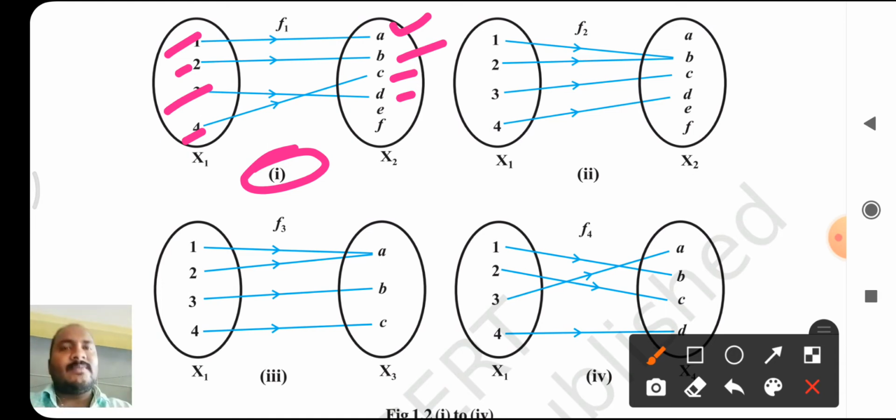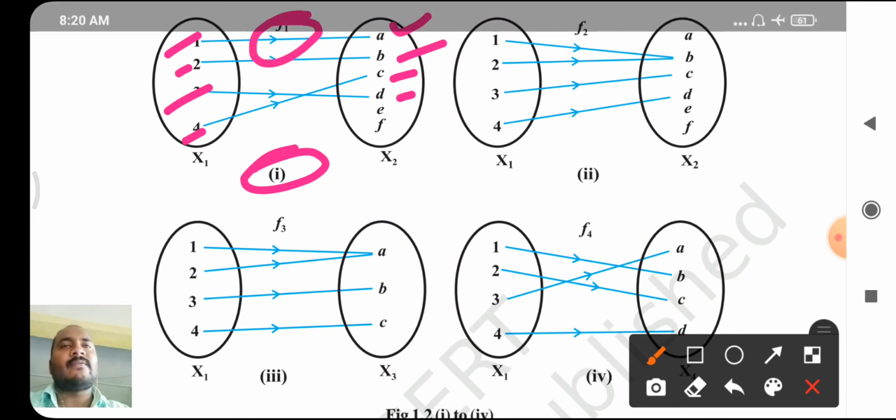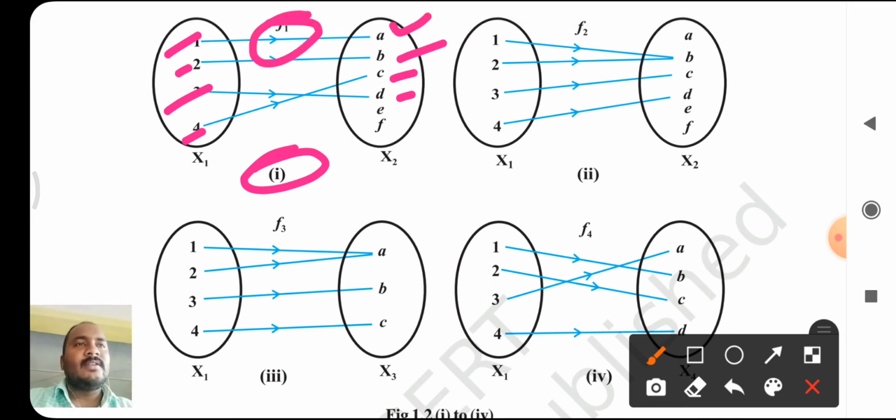This visual representation shows that f1 is a 1-1 function.